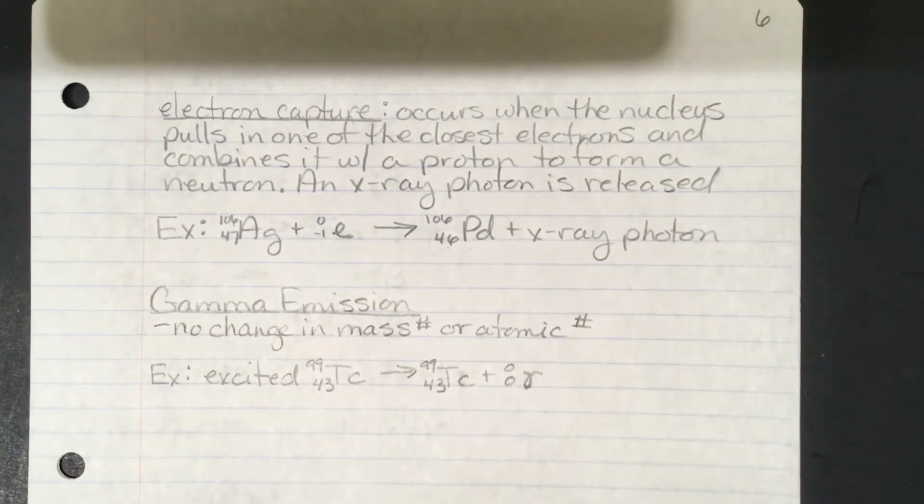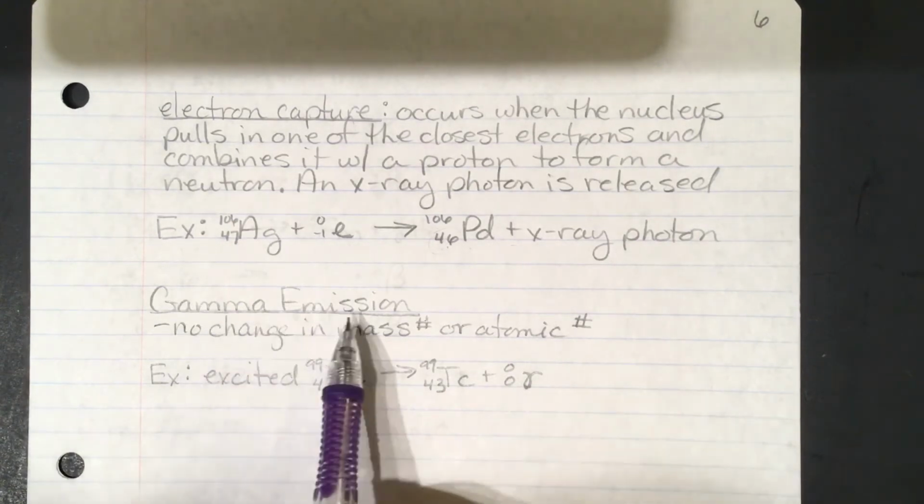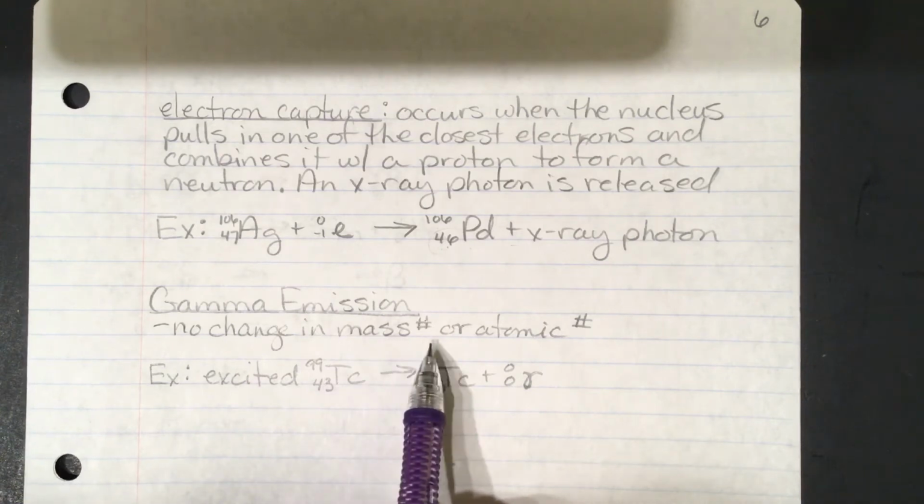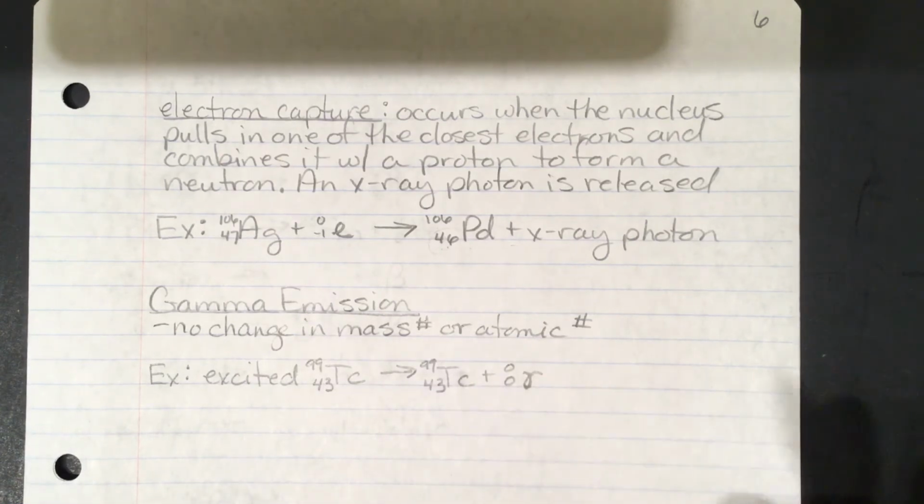And the last type of equation is gamma emission. There's no change in mass number or atomic number because remember, gamma rays have no mass. They are electromagnetic radiation. They're not particles.